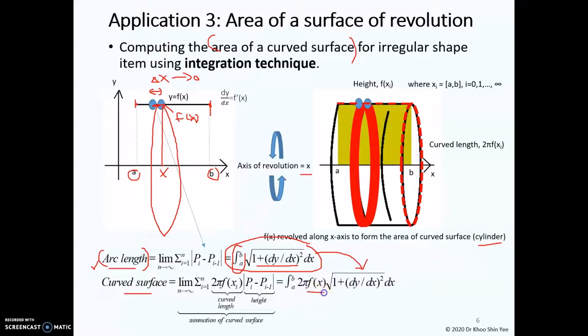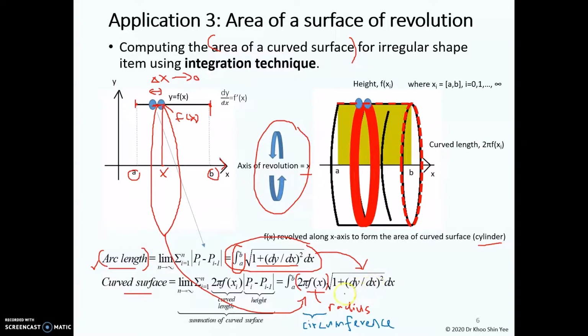In simple terms, we can treat f(x) as the radius when we are rotating the function f(x) with respect to the x-axis like this. So 2 pi f(x) here gives you the circumference. On the other hand, when you multiply with the arc length, you should be able to obtain the curved surface within this region.